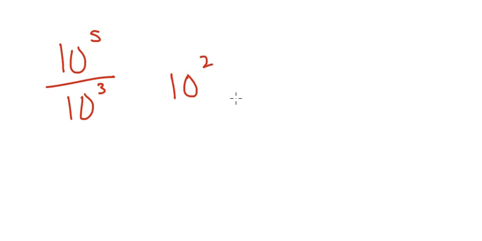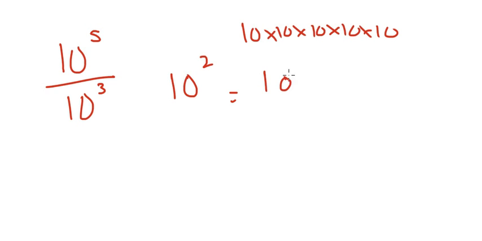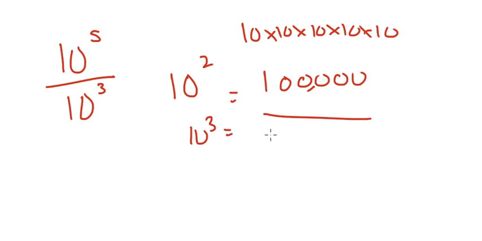Now listen, the way we prove that is we take 10 to the fifth, which is just 10 times 10 times 10 times 10 times 10, which gives us 1 with 5 zeros. And then we put our comma in, and that's going to be over 10 to the third, which is 10 times 10 times 10, which is a 1 with 3 zeros.